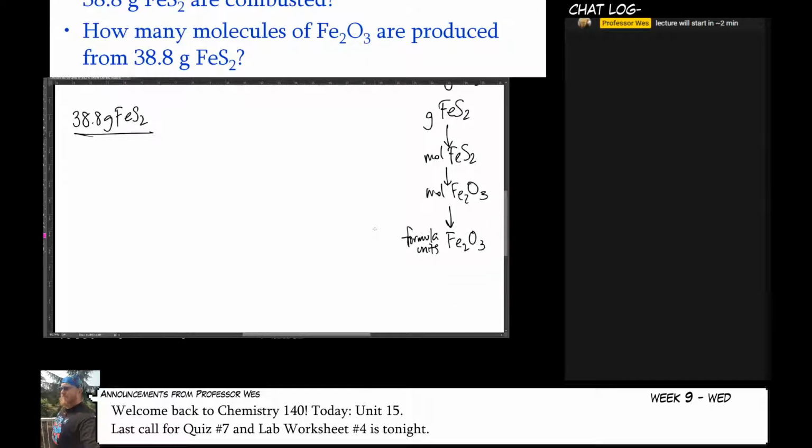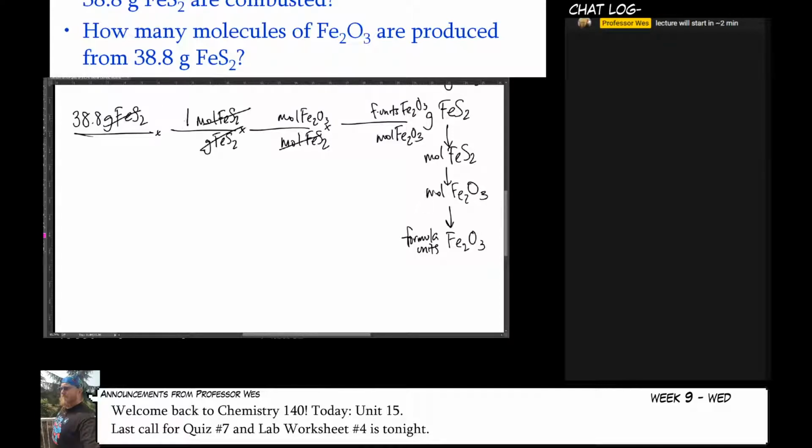There we go. So now we can do our dimensional analysis here. Grams turns into moles. Moles of FeS2 turns into moles of Fe2O3. And then moles of Fe2O3 turns into formula units of Fe2O3.